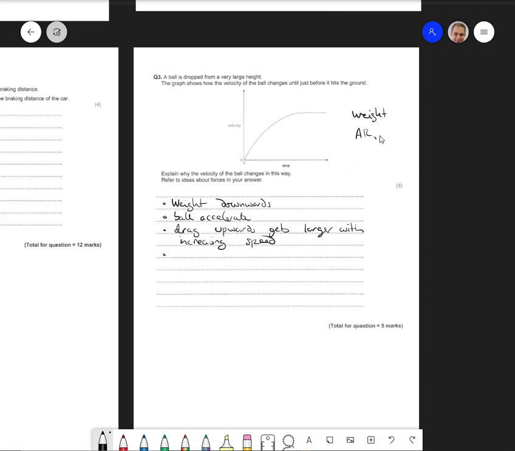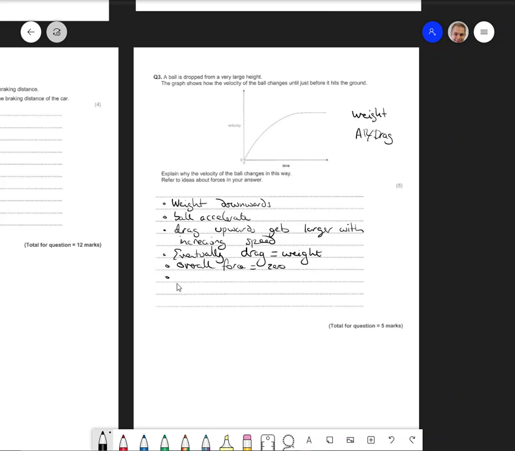Sorry, I've mixed up. I've said air resistance and I keep saying air resistance or drag, same thing. Apologies. So eventually, drag equals weight. So the overall force is 0.